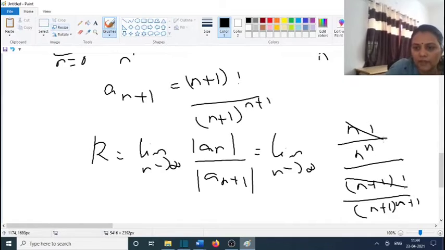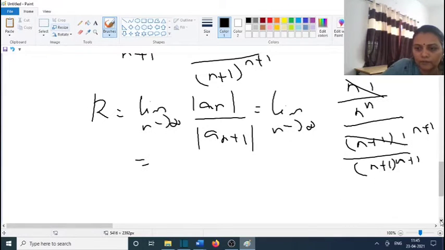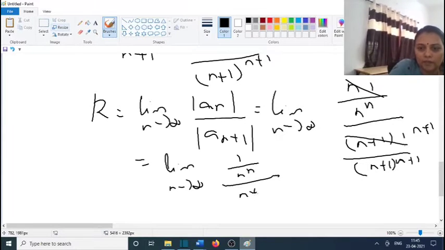So this we can cancel, so this is n plus 1, which is equal to limit n tends to infinity of 1 by n raised to n. Here it is (n+1) raised to n+1 into 1 by (n+1), so this we can cancel, and this is (n+1) raised to n.